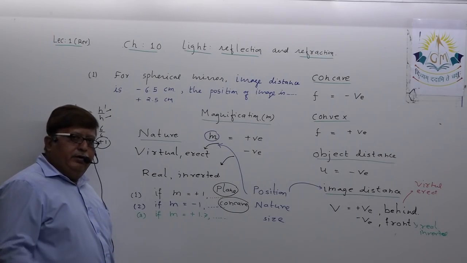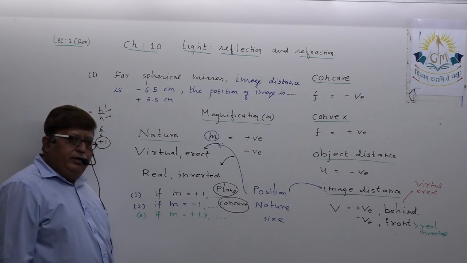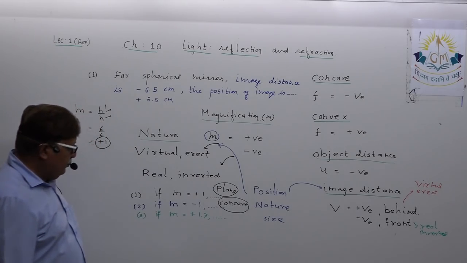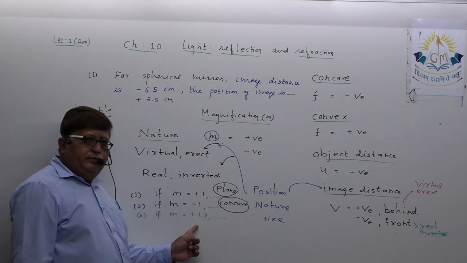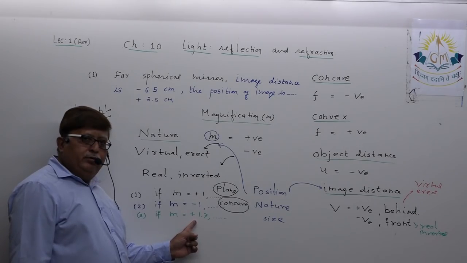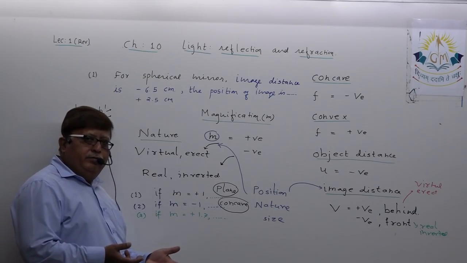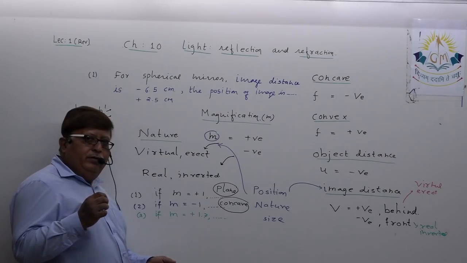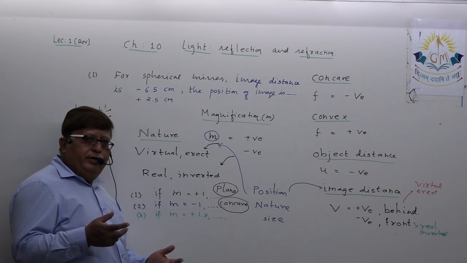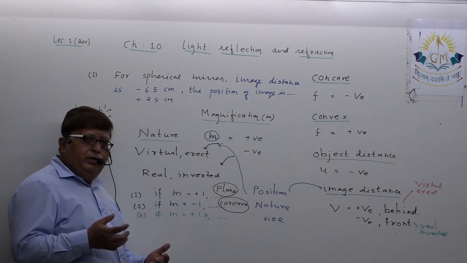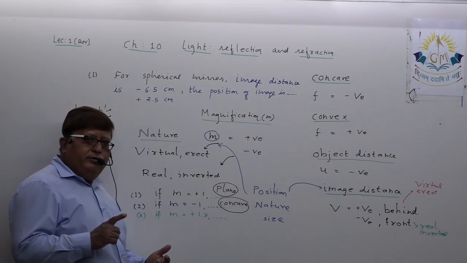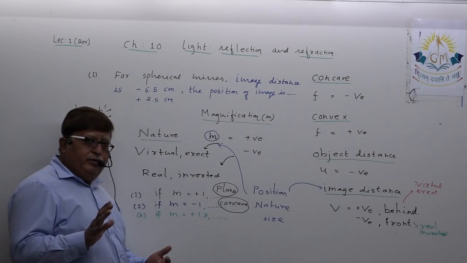The value of m you must have guessed: 1.7, obviously greater than 1, and when the value of magnification is greater than 1, image is always larger than the object. That's clear.